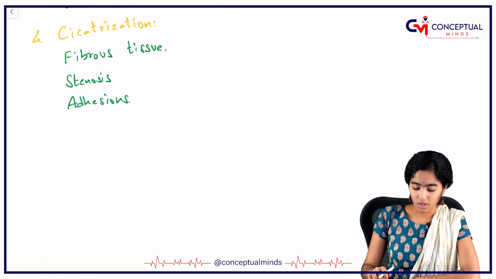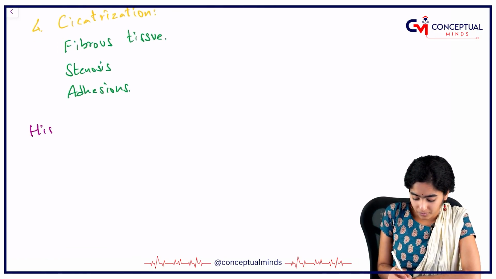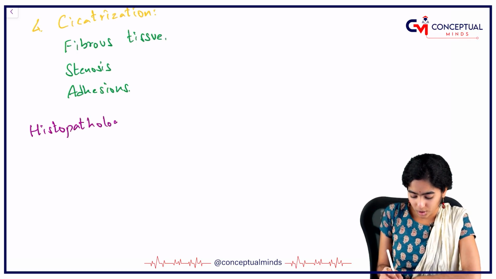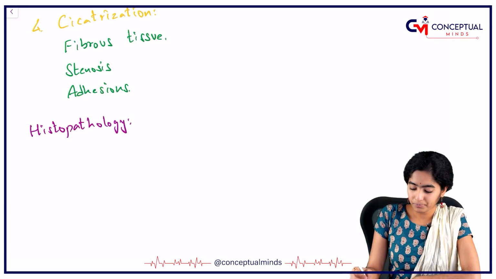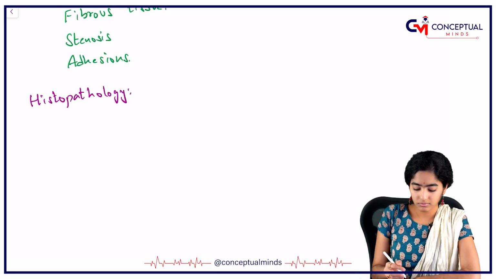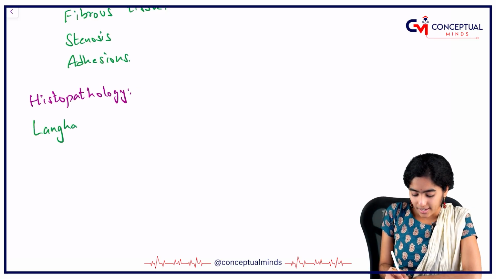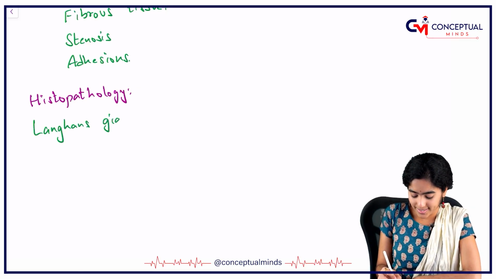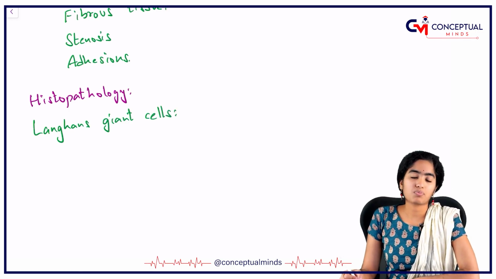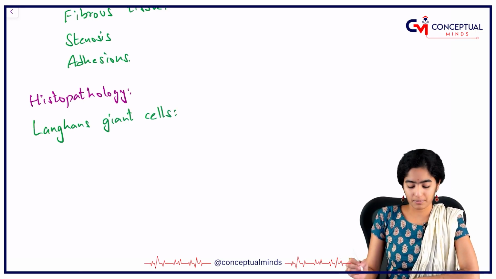Coming to the histopathology, the classical features of tuberculosis are seen. What are they? There are giant cells called as Langerhans giant cells. Epithelioid cells, modified macrophages.